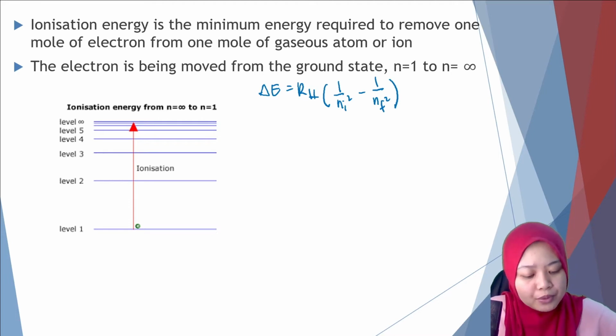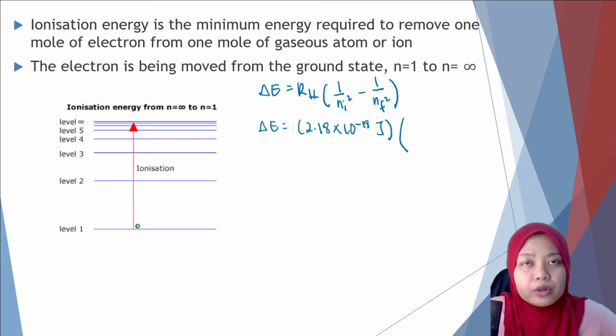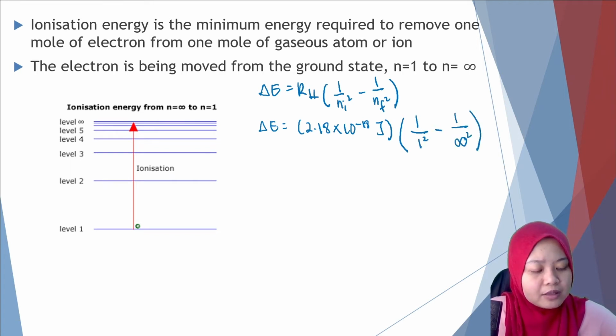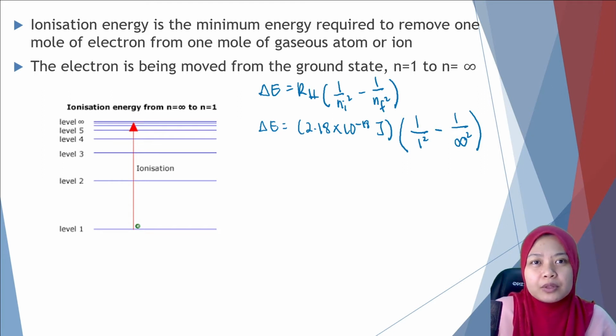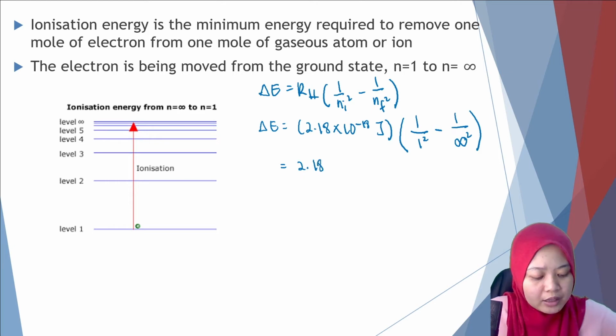Substitute the value: delta E equals 2.18 exponent negative 18 joule times 1 over n initial, which is 1, minus 1 over n final, which is infinity. 1 over infinity, as before, equals 0. Then the delta E that you will get is 2.18 exponent negative 18 joule.